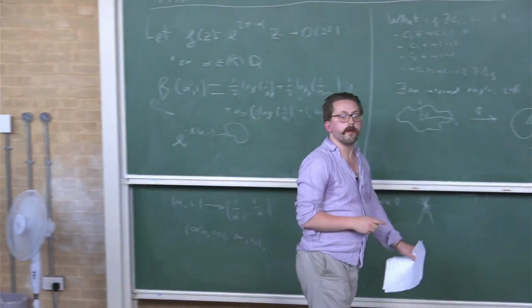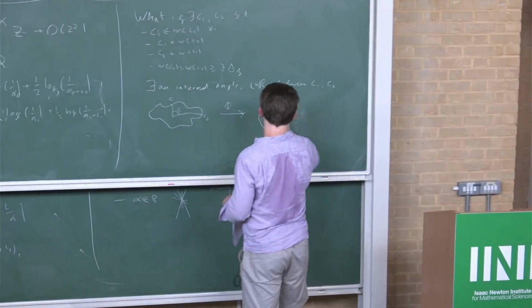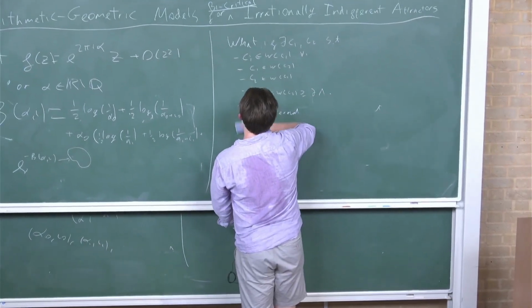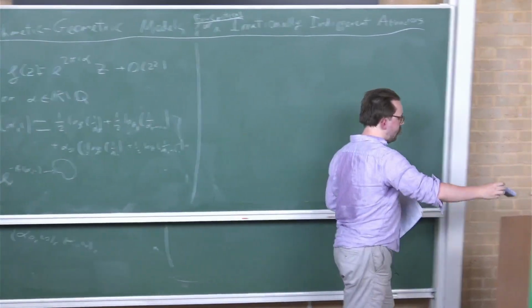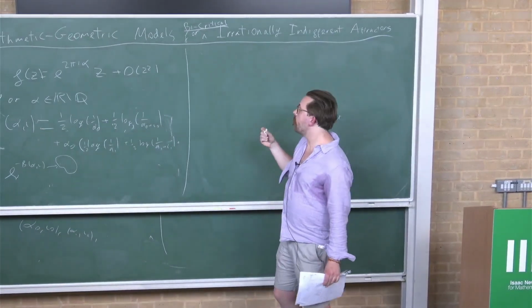And then the other key difference, which I will say very, very quickly, is that, well, for all of these models, they have a marked critical point.